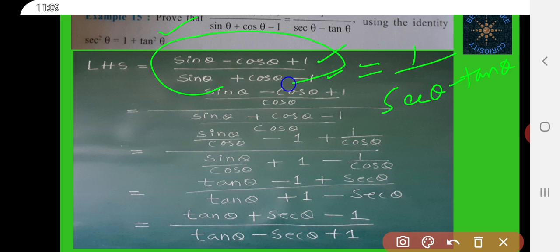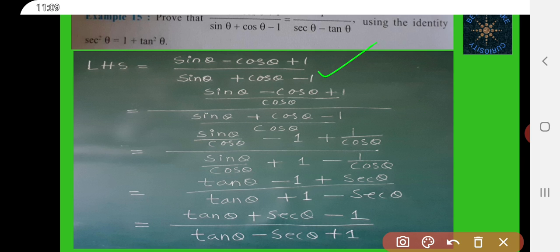This is equal to this, we have to prove. Okay. So LHS is here sin theta minus cos theta plus 1 by sin theta plus cos theta minus 1. So take LHS. Okay. Now you divide both numerator and denominator by cos theta.